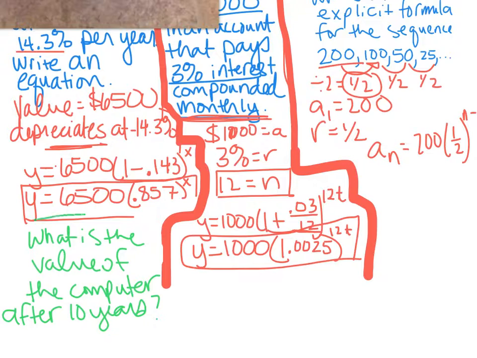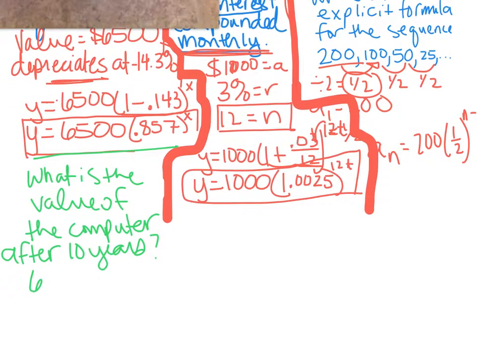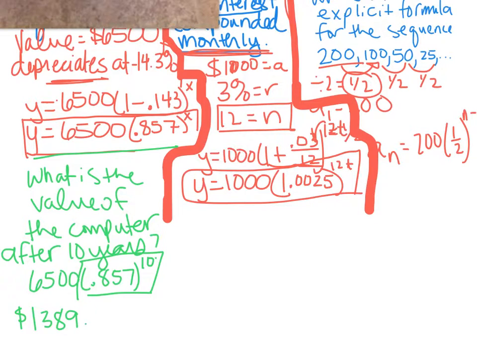Well, we're just going to go ahead and use our formula. 6,500 times the 0.857 raised now to the 10th power. So please remember you need to raise to your exponent first, then multiply by the 6,500. So the computer will be worth $1,389.06 in 10 years.